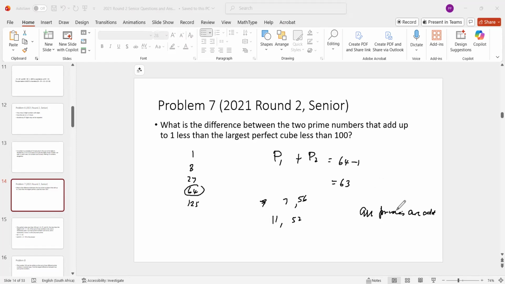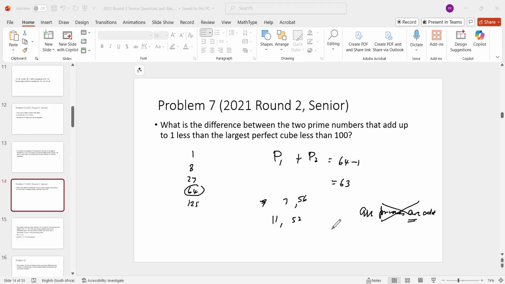So it looks as if this is wrong. There's no answer to this question because prime numbers being odd must sum to an even number, and you can't get 63. But there is a problem here. There is one prime number which is not odd.